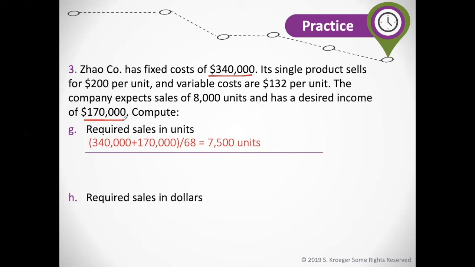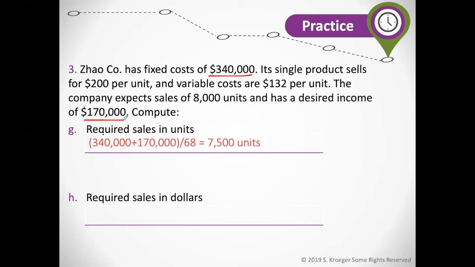Part H wants us to calculate the required sales in dollars to achieve a target net income of $170,000. The numerator is the exact same as Part G. It's the fixed costs plus the target net income. The denominator is what is different. It is our contribution margin ratio.